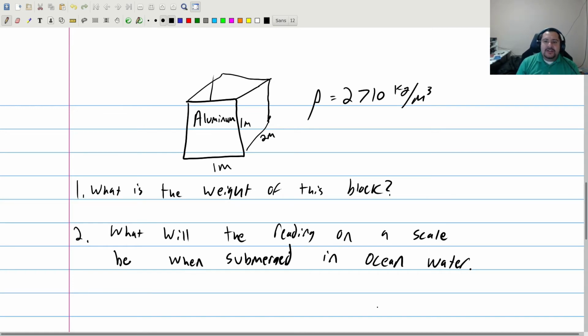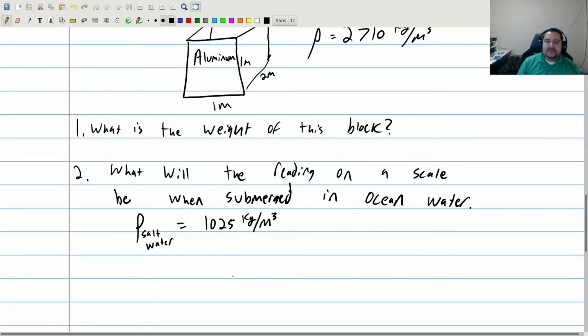Because it has salts dissolved in it, the density of the ocean salt water is a lot closer to 1,025 or so kilograms per cubic meter. And I want to know the answer to these two questions.